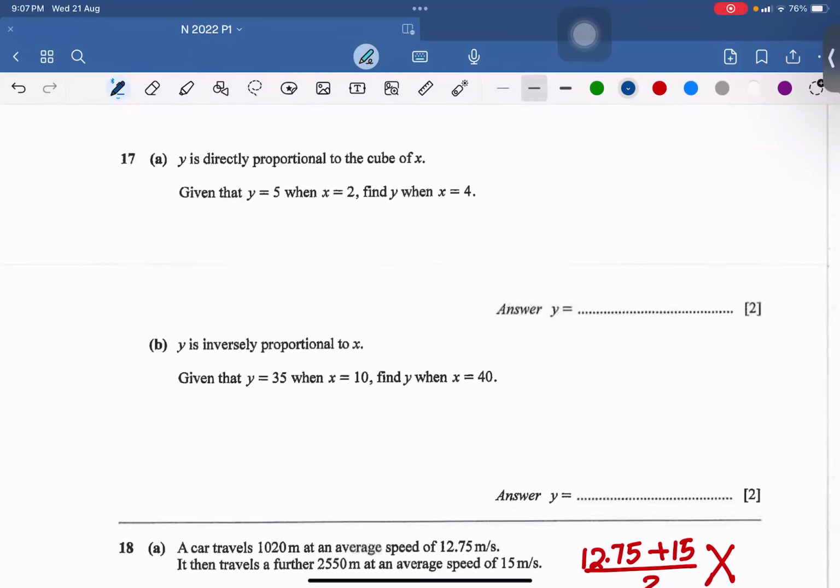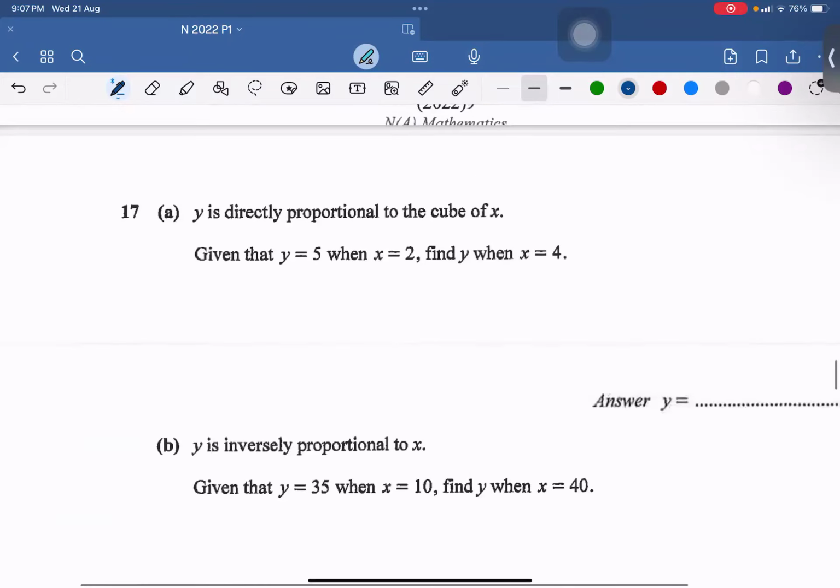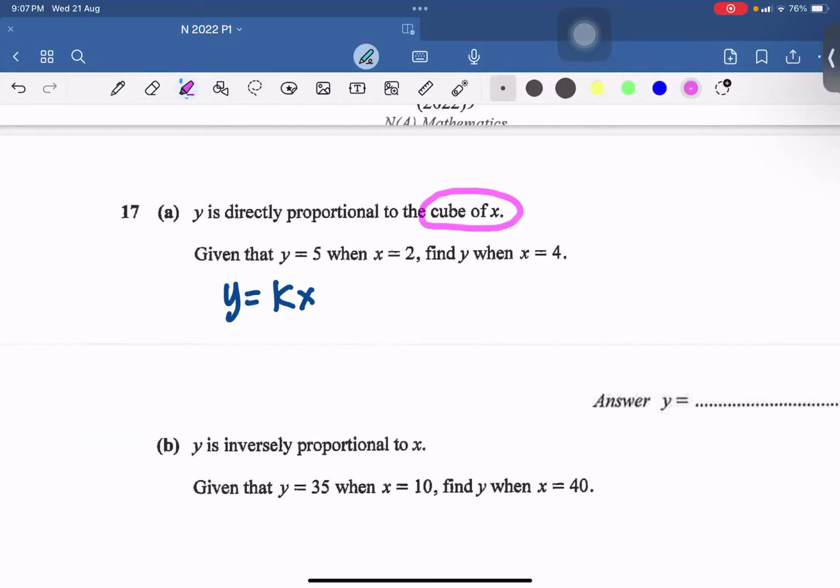Okay, last part. Directly proportional. K times or K divide? K times. Correct. But what do they want? Cube of x. So should I put x or what else? X cubed. Then they give me numbers.